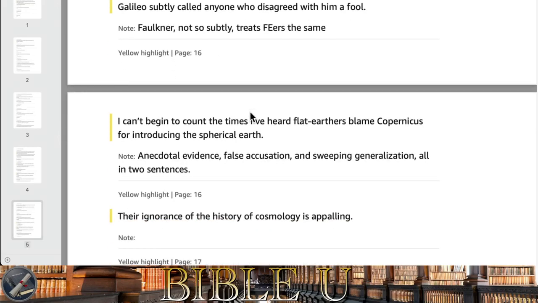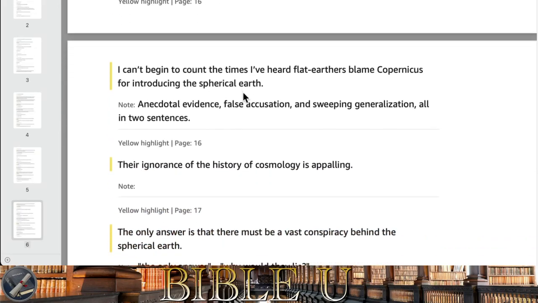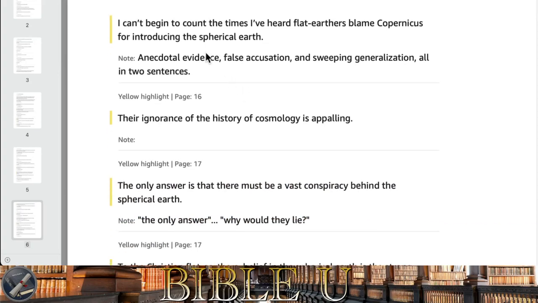So then we're going on to the next page here on page 16, and he says, I can't begin to count the times I've heard flat earthers blame Copernicus for introducing the spherical Earth. This again is anecdotal evidence, false accusation, and sweeping generalization, all in 2 sentences. Who cares? Why do we need to know who to blame for anything?